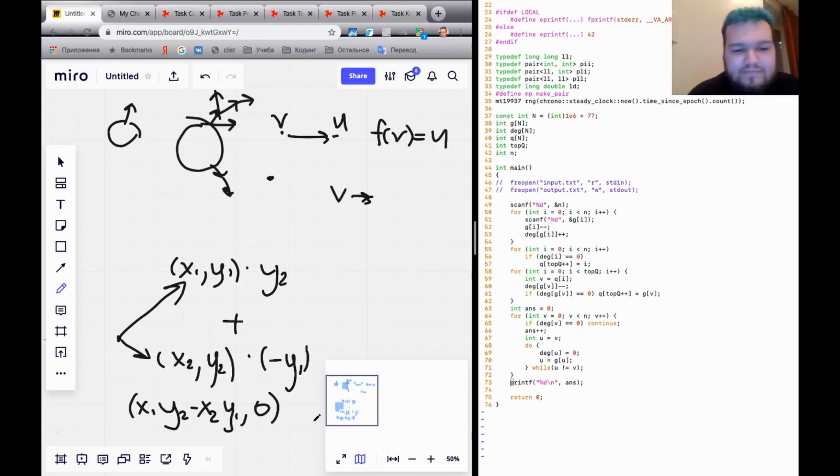Okay. Maybe that's not the best thing we can get. For example, if these two numbers were not coprime, like they had some common divisor greater than 1, we can divide this coefficient by the common divisor, and this number will get smaller.